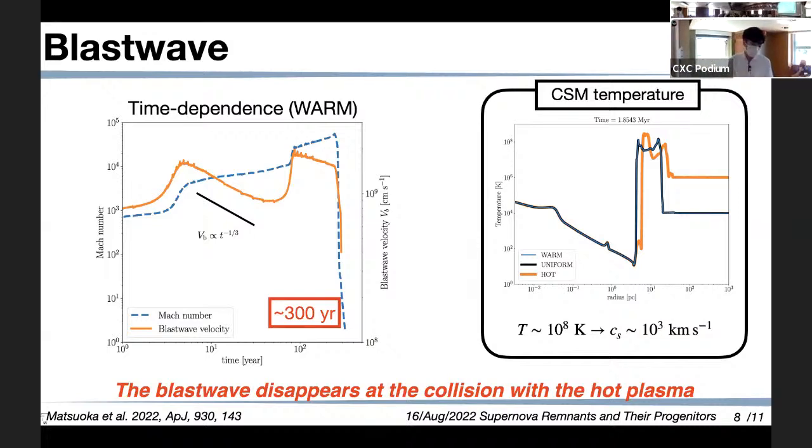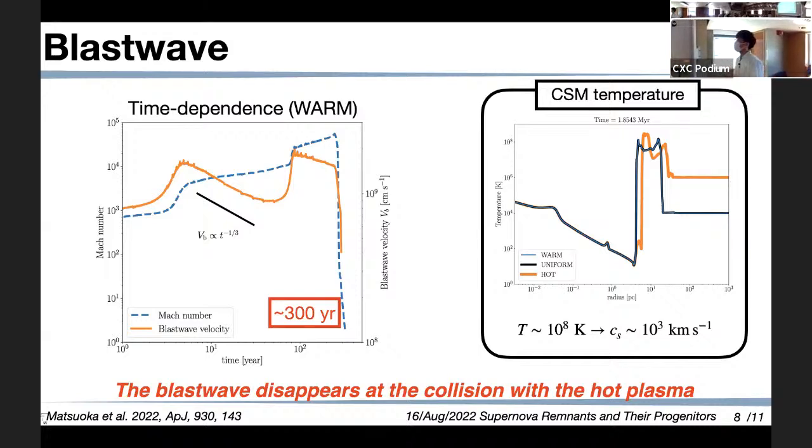However, we can see that the blast wave velocity is rapidly decreasing at 300 years, and the Mach number is also decreasing down to order of unity. What is occurring is the interaction between the blast wave and the hot plasma shown in the right figure. This figure shows the temperature structure, and as the temperature is 10^8 Kelvin or so, the sonic velocity is 10^3 km per second.